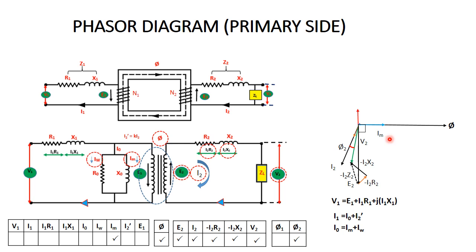Iw is at 90 degrees with Im. If we draw the resultant of these two vectors, we can easily form I0. I2 dash is the secondary current referred to the primary side, which is parallel with I2. I2 dash is equal to K I2, where K is the transformation ratio N2 by N1. If we join I2 dash and the origin, we can get I1.